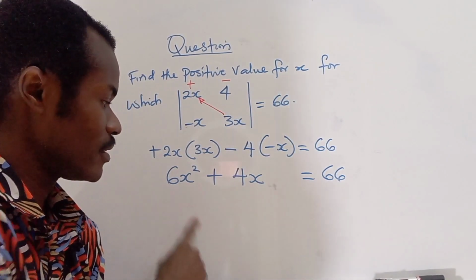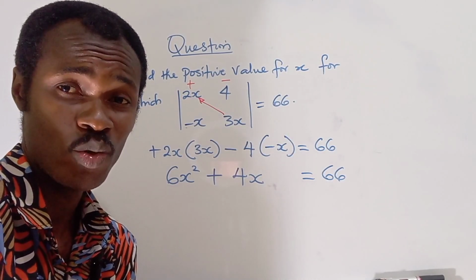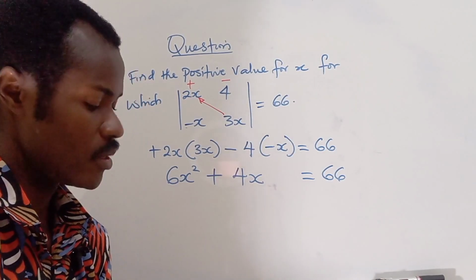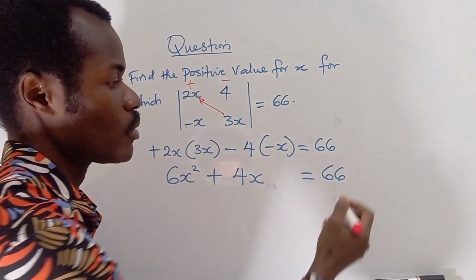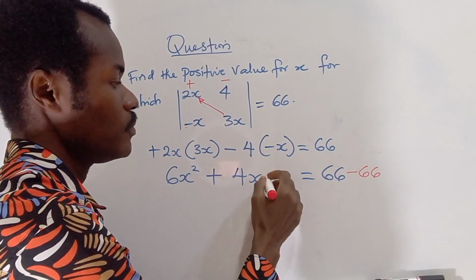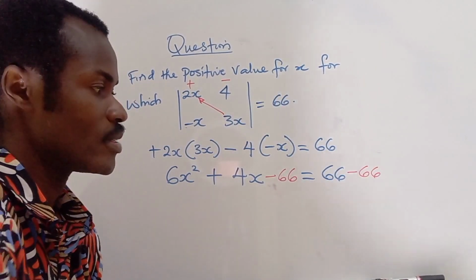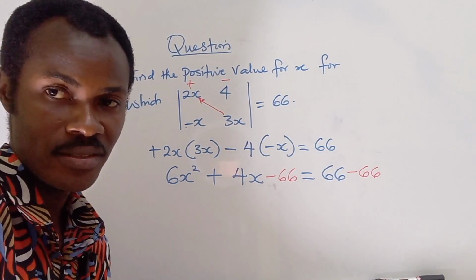I can observe that since x has a power of 2, it means this will lead us to a quadratic equation. All I want to do is subtract 66 from both sides so that this side becomes 0.